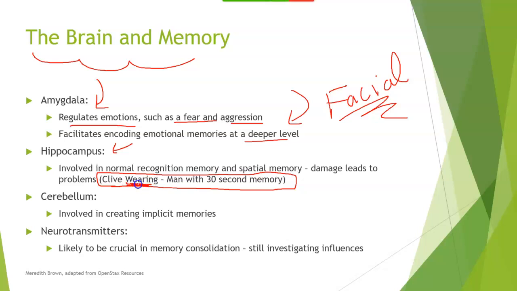There are some really good clips out there that I usually show in class, but instead I just put it on the PowerPoint. It's a really cool clip. He literally has 8 seconds. You ask him a question, what did you have for breakfast today? While he's thinking of the answer, he's literally forgetting the question. So he has a very, very short memory.